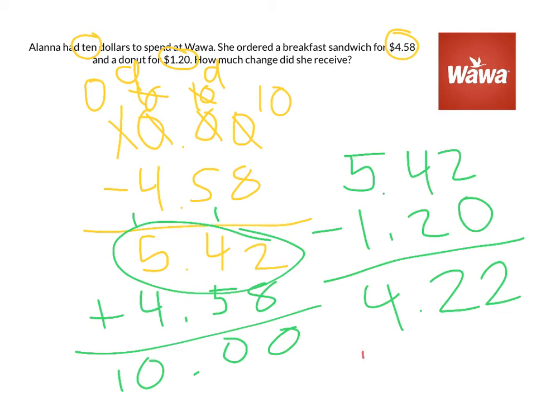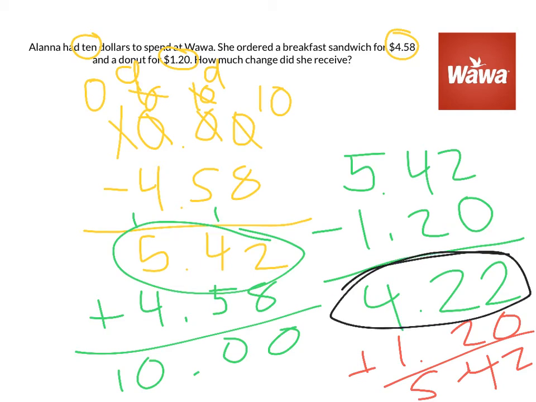Let's just double check that. So no matter which way I do it, whether I do it subtracting items from my $10 or I add my items and then subtract from my $10, each way I got $4.22 for change.